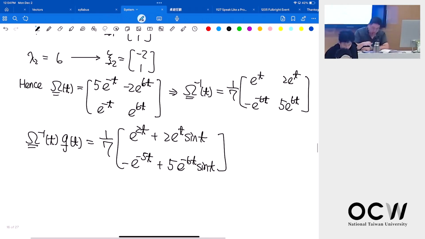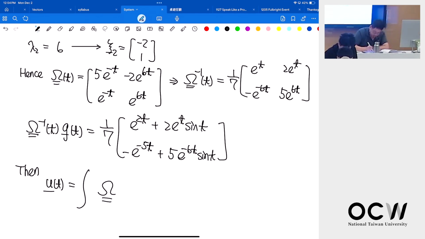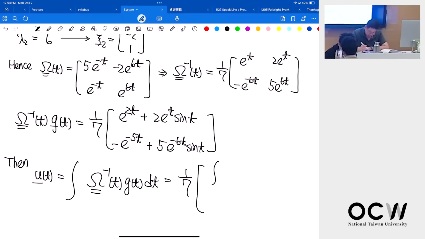Once you get this term, then you can find the u function. Here for the u function, you need to take the integration, which means you need to take two integrations. The first is in the first row.